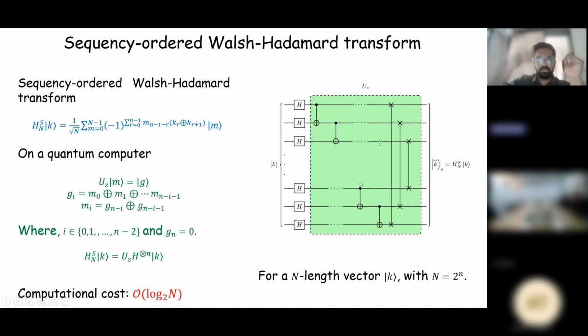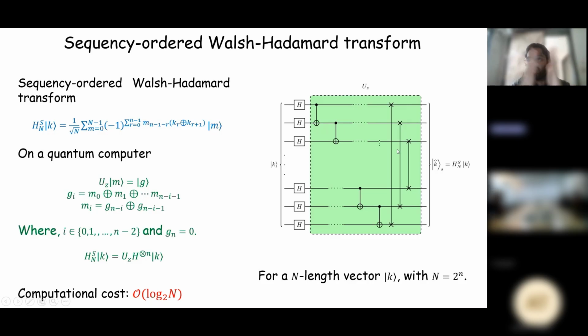So what we do is we apply these Hadamard gates, and then we start our process of reordering the basis itself. This particular UZ is realized by taking C0 gates in succession one by one, and then applying swap gates in parallel. Why? Because swap gates can be applied in parallel, since this particular swap gate and that particular swap gate don't have any connection with each other.